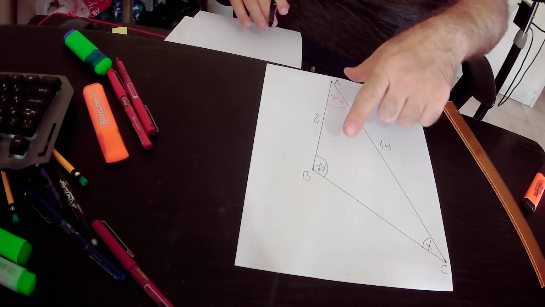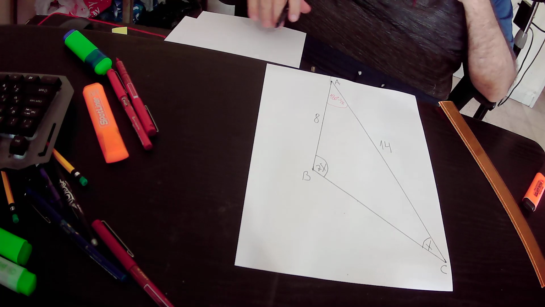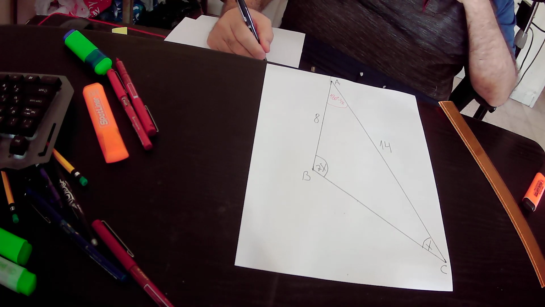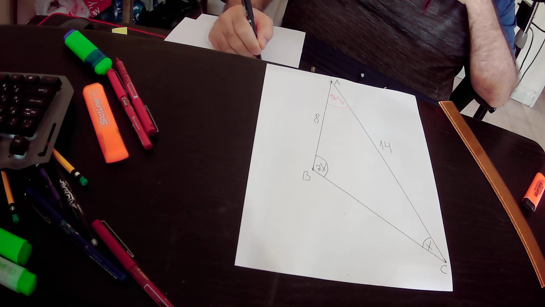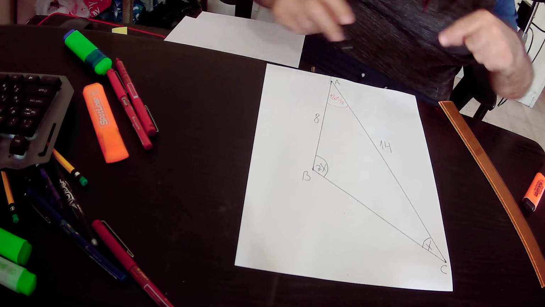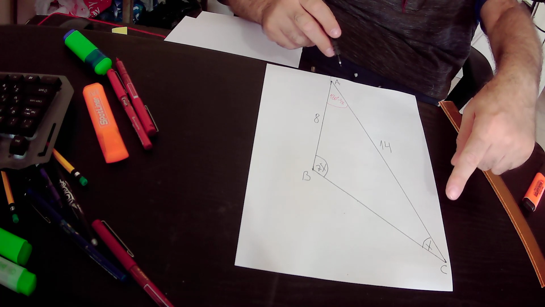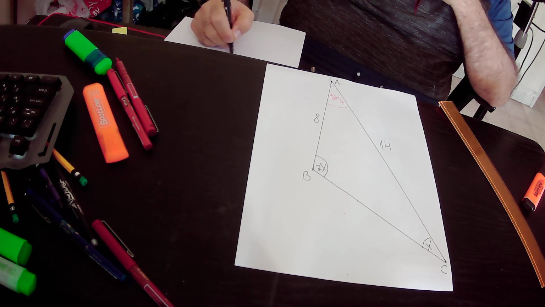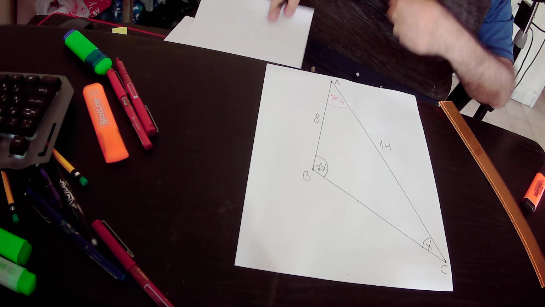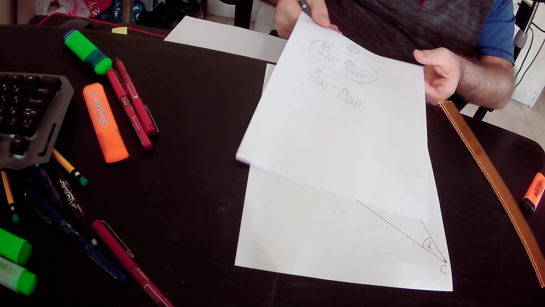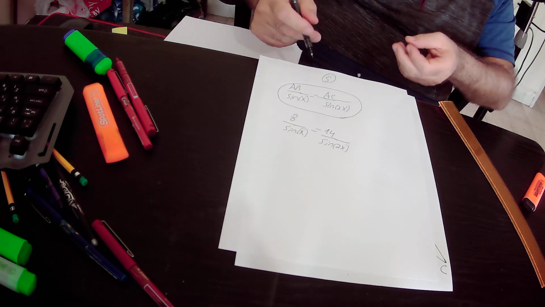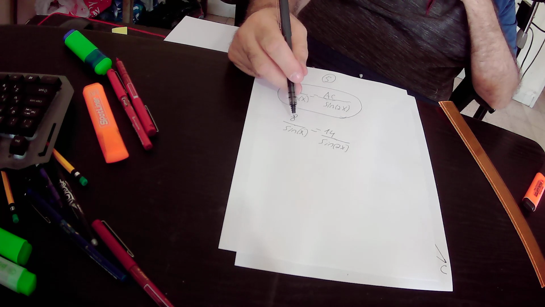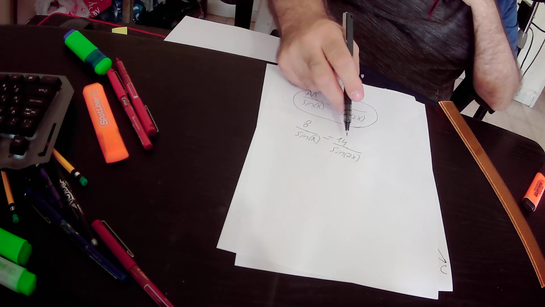AB equals 8 units, so it will be 8 over sine x equals AC. AC equals 14 units, so it is 14 over sine 2x. So 8 over sine x equals 14 over sine 2x.